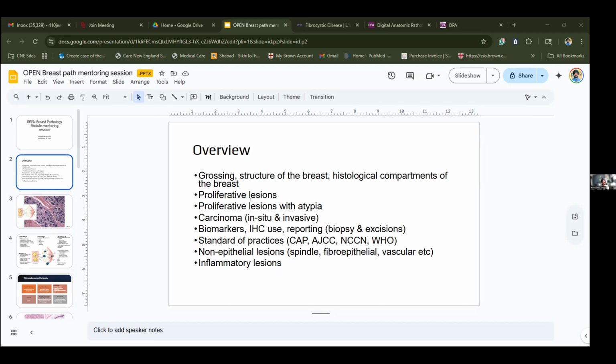However, I come from India, I got my initial training in India, and I have international fellows from the Philippines, they don't see proliferative lesions with atypia as much, like atypical ductal hyperplasia. So in your mind, you should be aware of the progression of the disease. Where do you see the disease or the lesions in your country or in the location where you are?